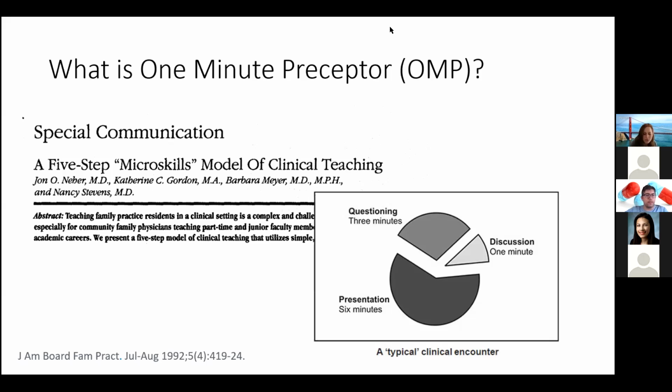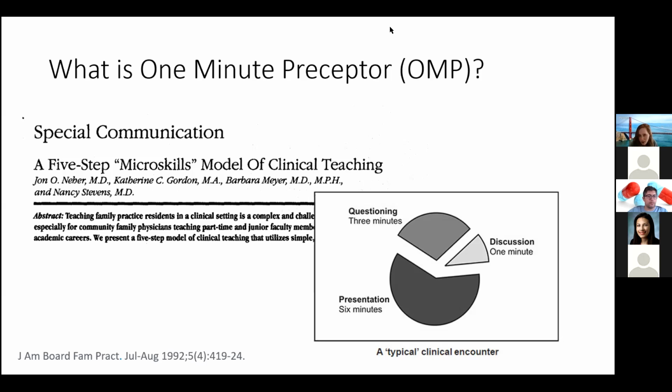In contrast with the older style, where the student or learner just presents at you, you don't elicit any thinking process at all. There's not really reasoning. It's just, here's the stuff. And then the preceptor takes what they need and finishes the patient care. So we want to be able to integrate both of those efficiently.